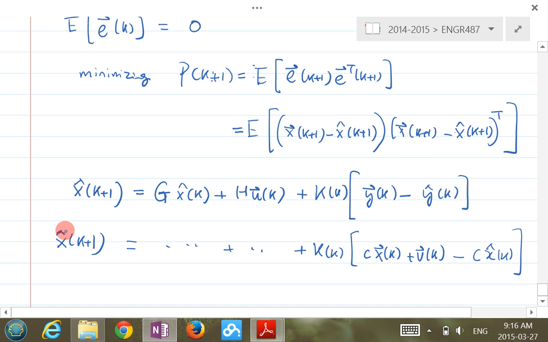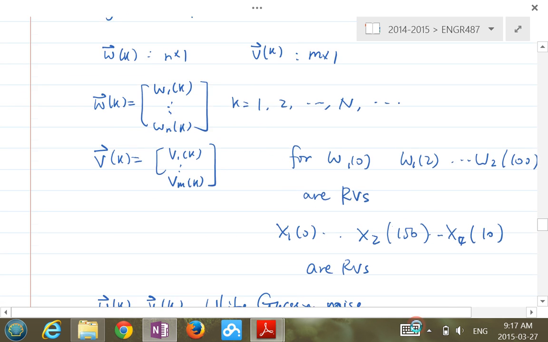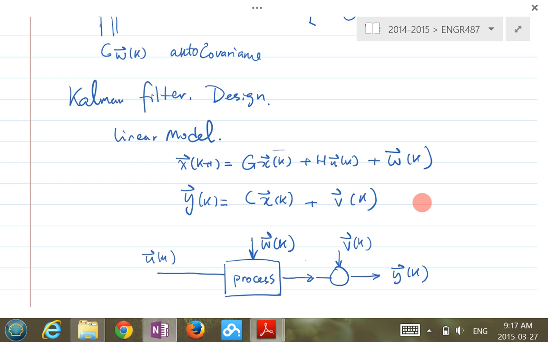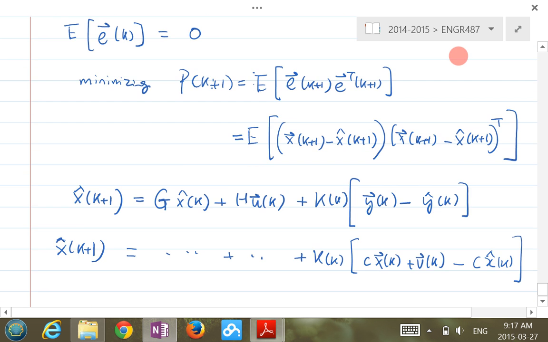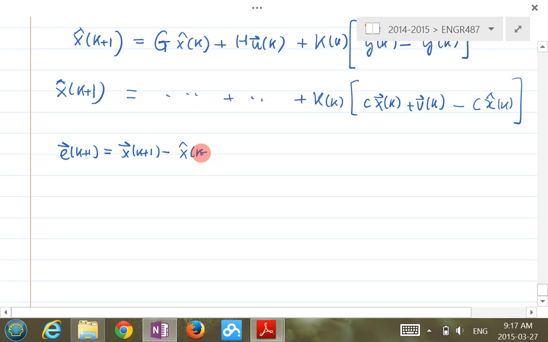Now I'm ready to substitute this x hat k plus 1 into this covariance matrix. At the same time, I will substitute the x of k plus 1, the system's equation, into that covariance matrix too. So then what do we get? E equals x k plus 1 minus x hat k plus 1.